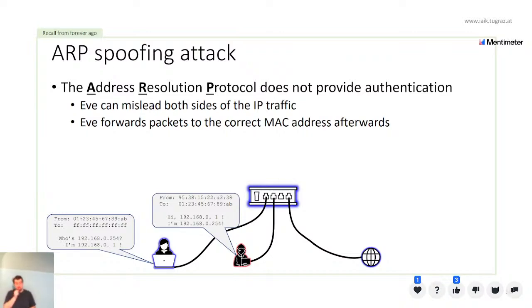I'm the default gateway, here's my MAC address. And then Alice sends the IP packet to the default gateway by specifying Eve's MAC address, at which point the switch obviously routes it to Eve. And Eve does the same thing to the default gateway, and then just forwards the messages. So Eve just inserts a listener in the middle and intercepts all traffic without it being noticeable by anybody.